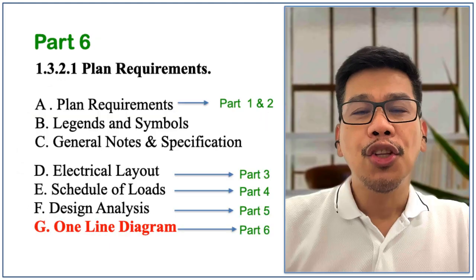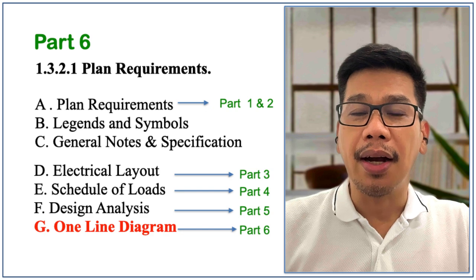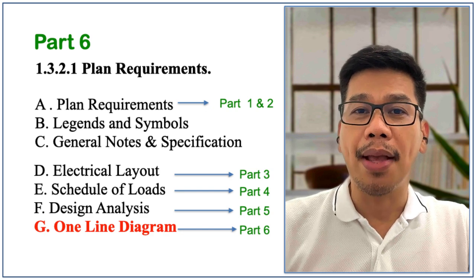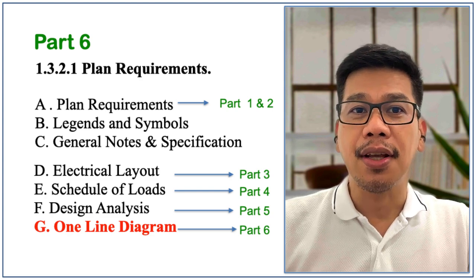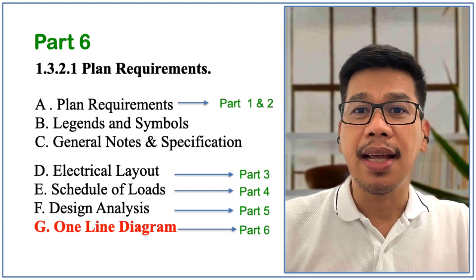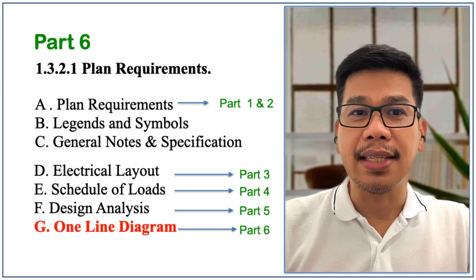To properly position our topic, let us look at where we are in the overall plan requirements of Article 1.3.2.1. We have already discussed earlier parts such as the ABC, the electrical layout, schedule of loads, and the design analysis.